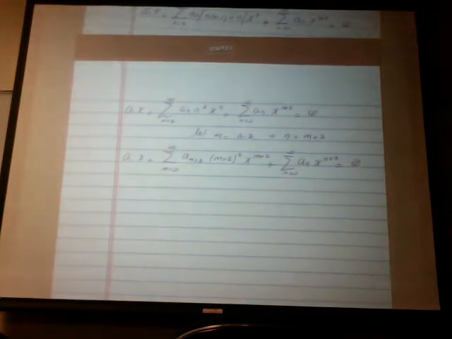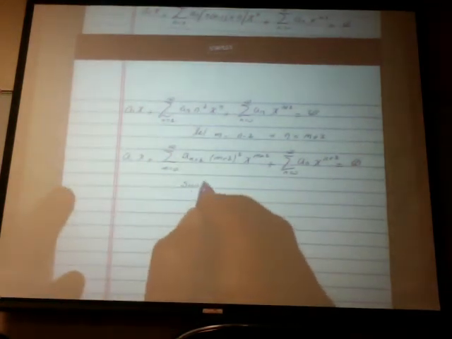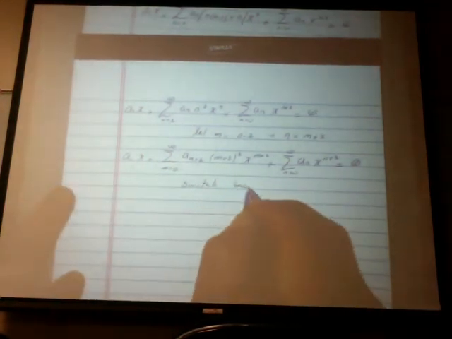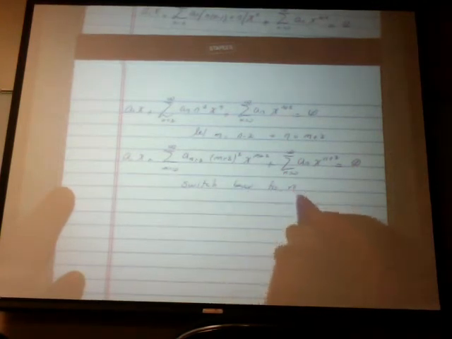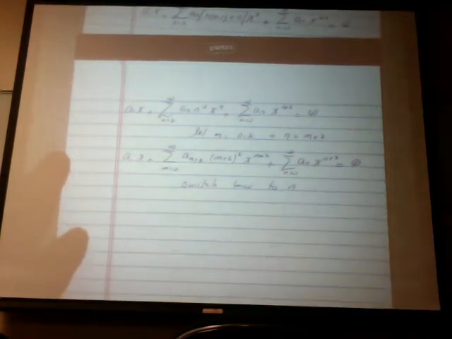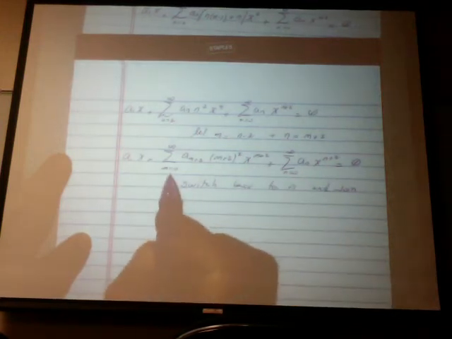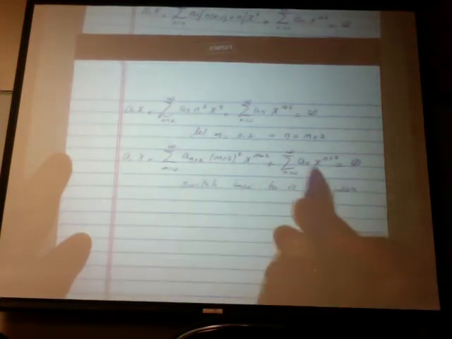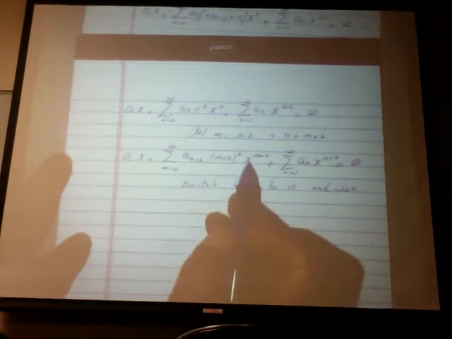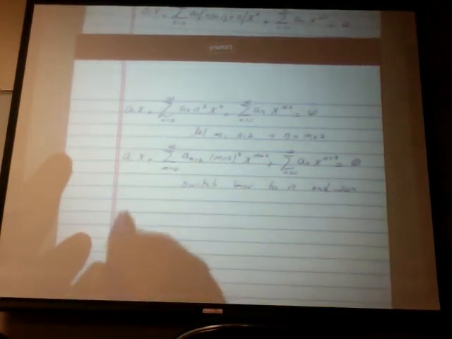Now I can switch back to n and join the two summations, so you can just call this index n, and since both are of x to the n plus 2, you can combine them.